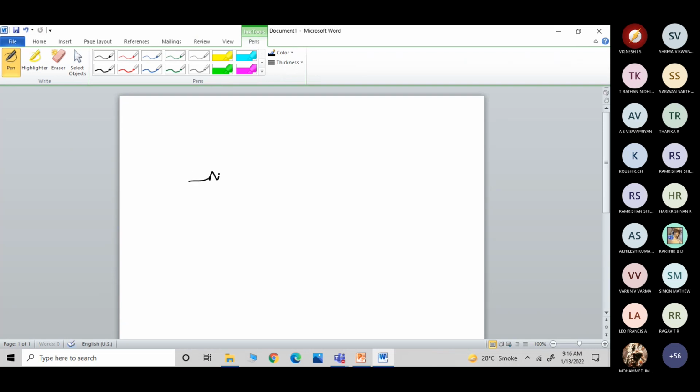So if you have the resistances like this, okay, so now you can have this RA and this is R suffix D, and this is RB and this is RD.